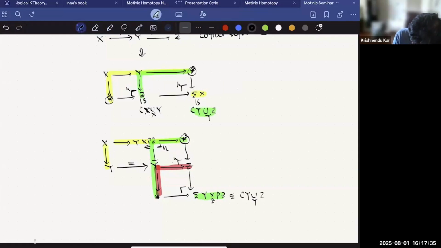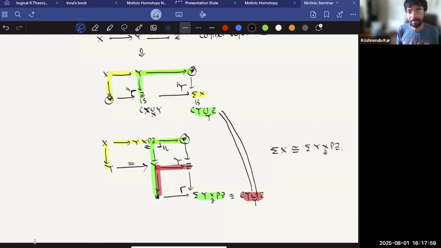Let's use this color. That is the same as saying these two are the same. That means that your suspension of X is stably equivalent to your suspension of Y cross Z PZ.